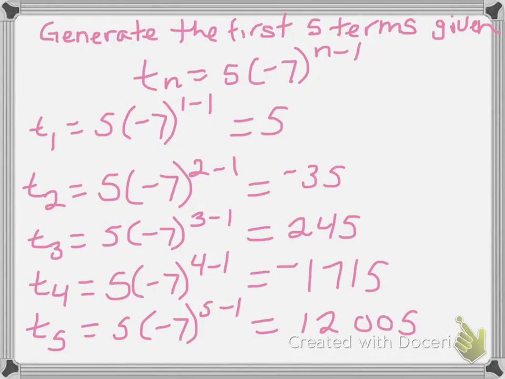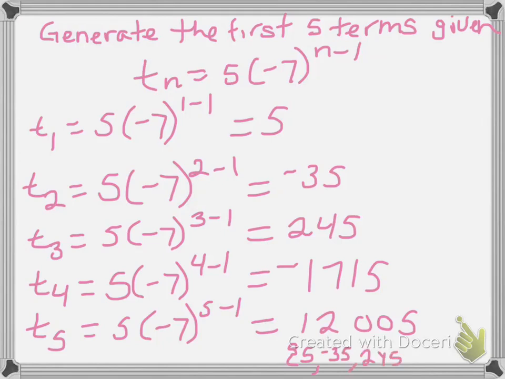All right, so then we can write our sequence. We open our curly bracket. 5. I'm going to run out of room because I write very large. I'm sure you're better with a pencil than I am with a stylus. 245, and I can't do that. That's just not conventional. I'm sorry. Wonder if I can write it down here. Open bracket. So 5, negative 35, 245.